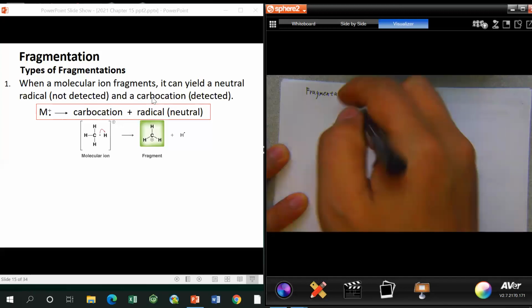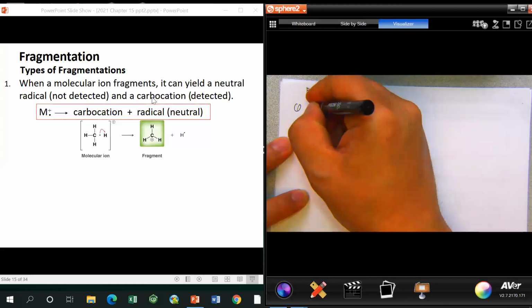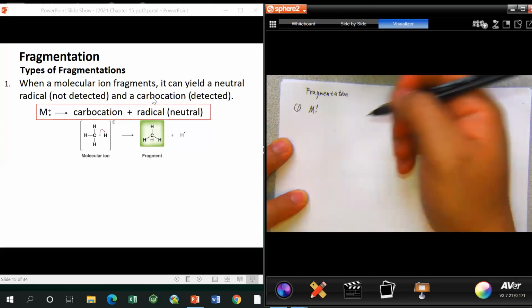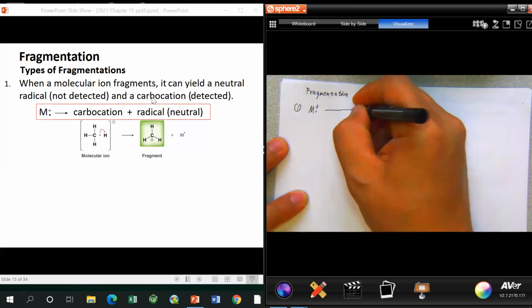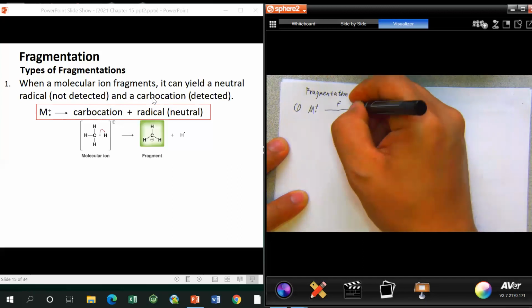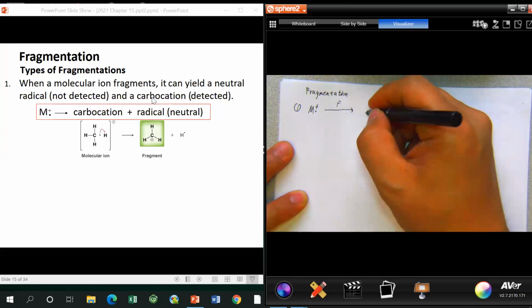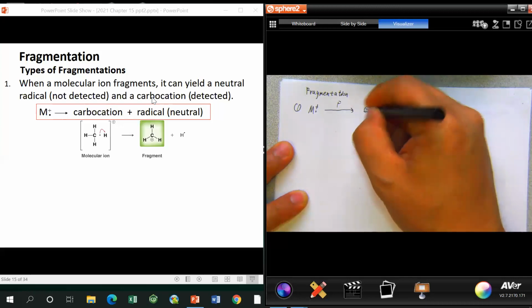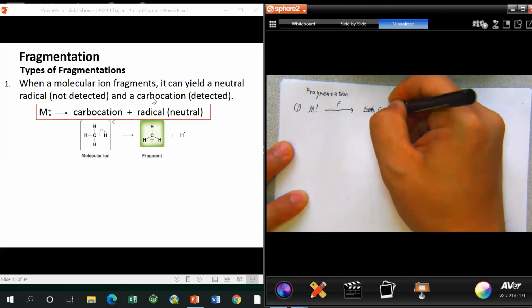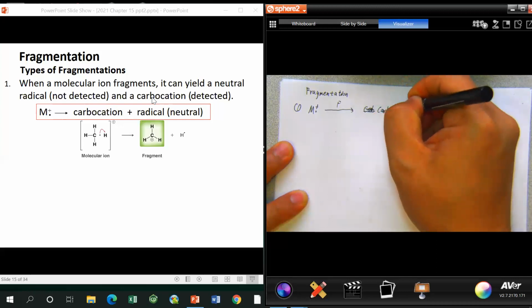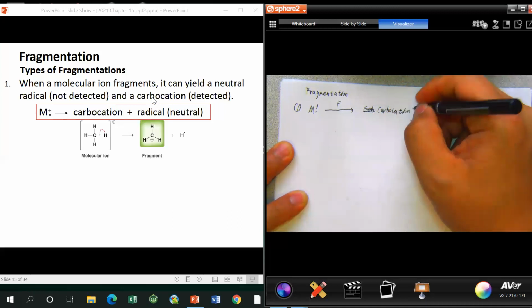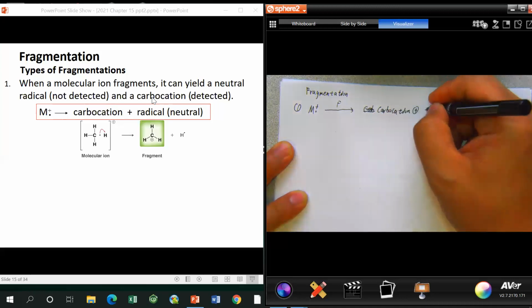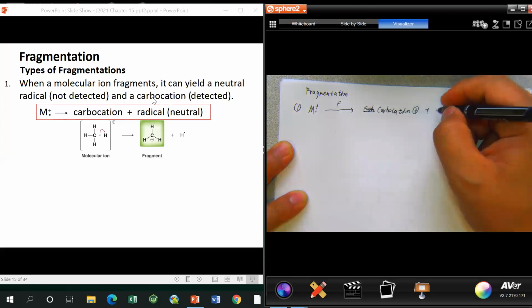The carbocation is the positively charged species, plus the neutral radical.